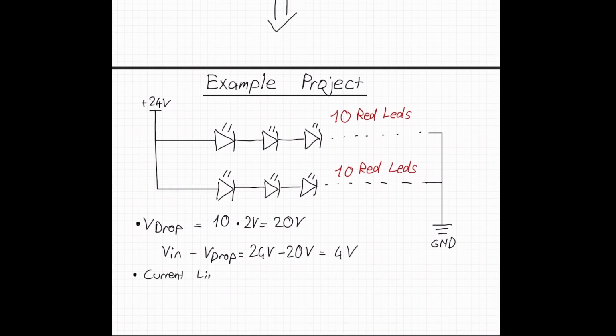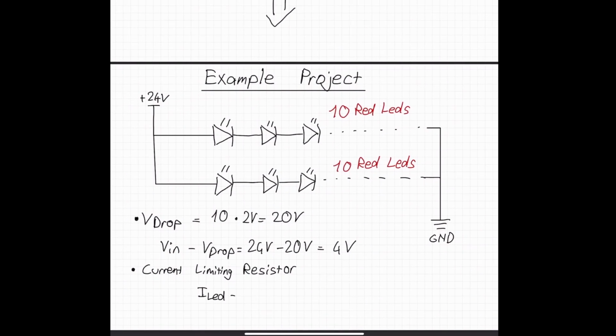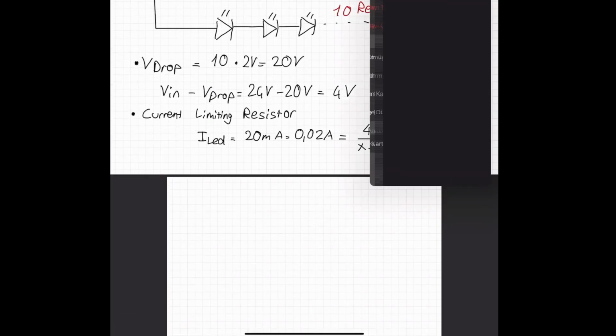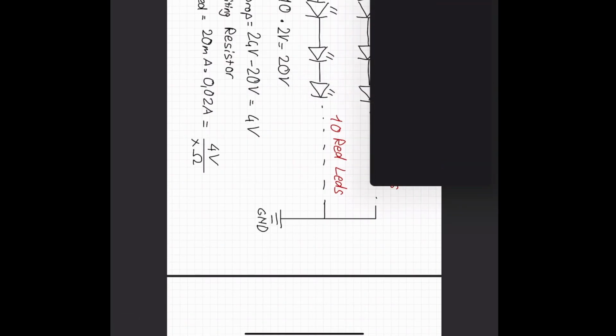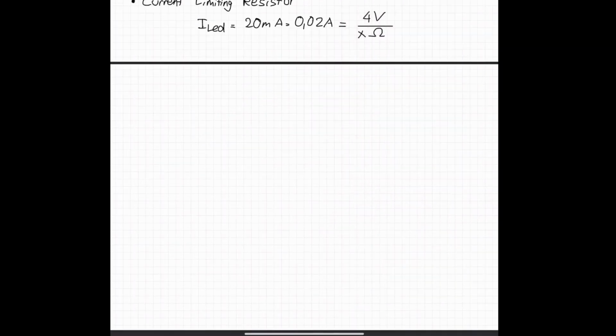So we need to make the current around 20 milliamps. The reason is that if there is too much current or too much voltage, the LEDs can't handle it. So we know that in each series string we need 20 milliamps. We make an equation: 4 volts divided by x ohms.